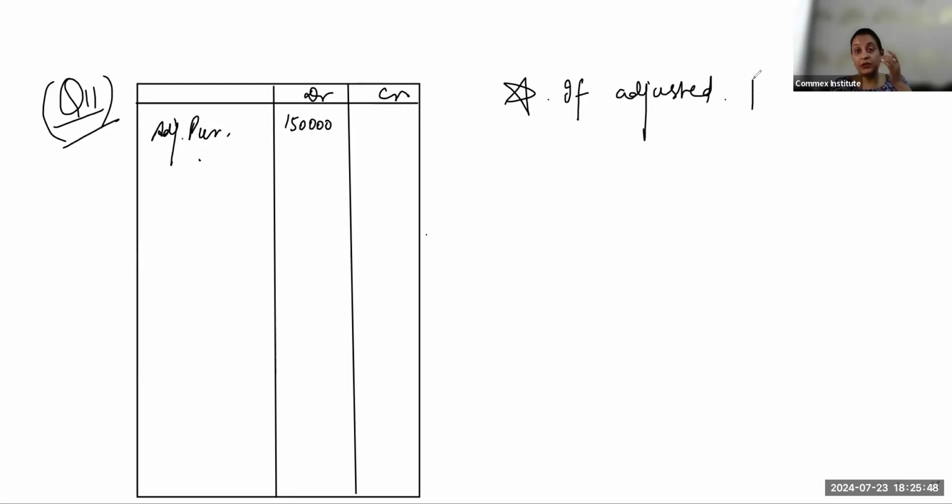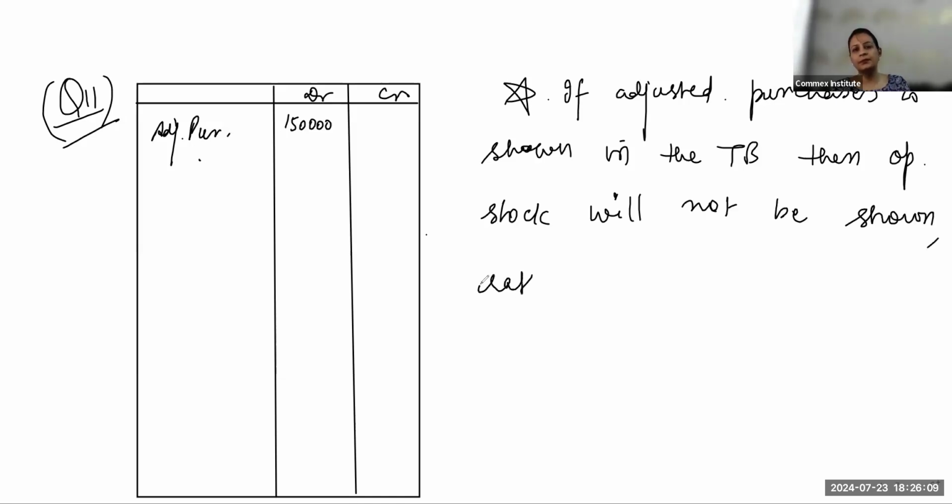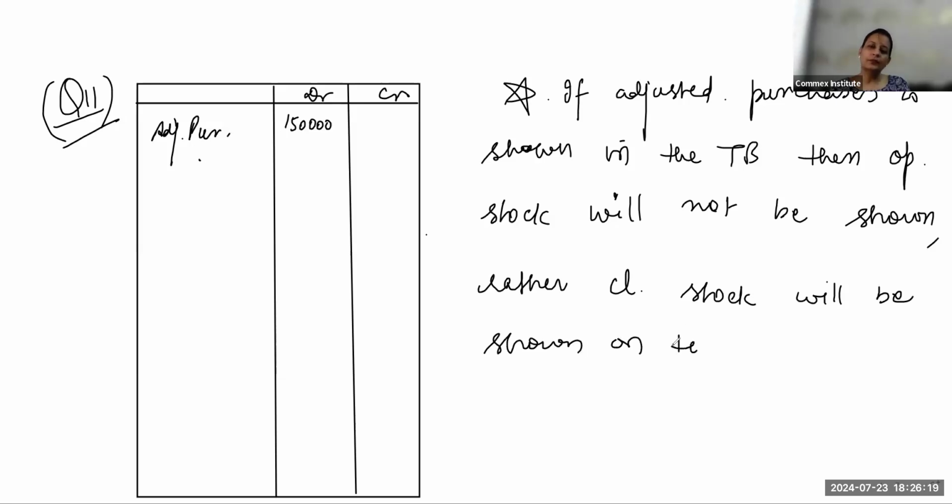So if adjusted purchases is shown in the trial balance, then opening stock will not be shown. Rather, closing stock will be shown on the debit side.